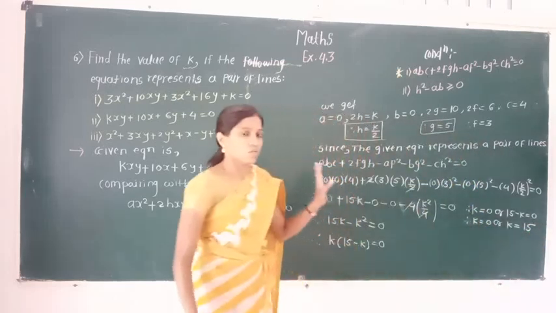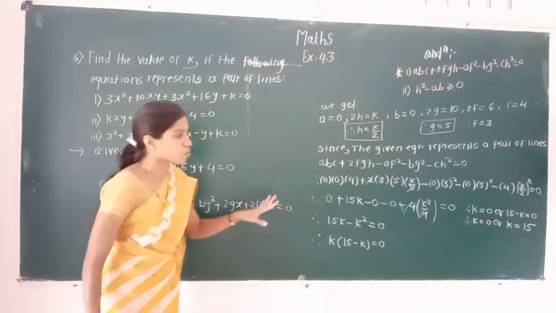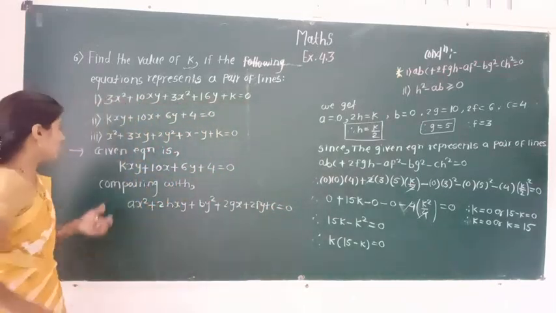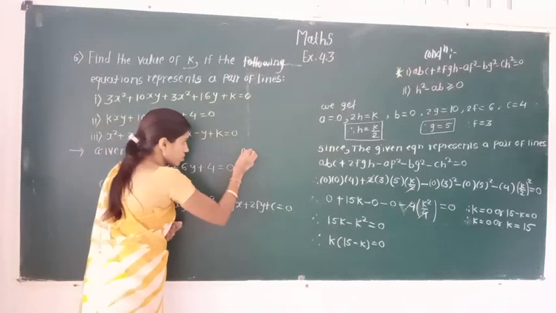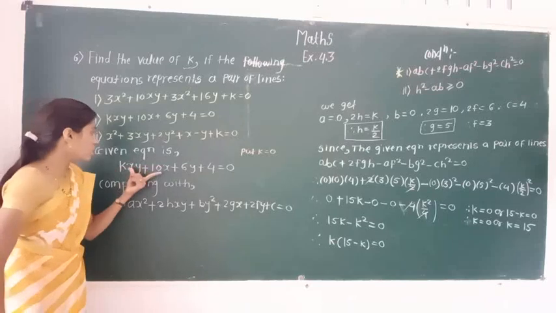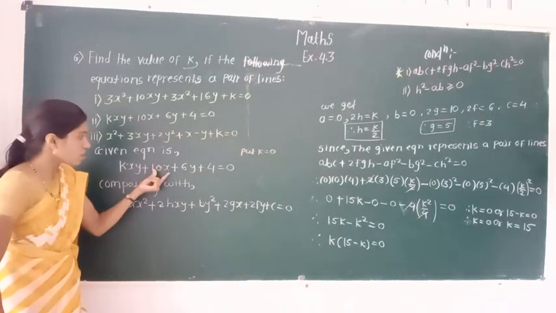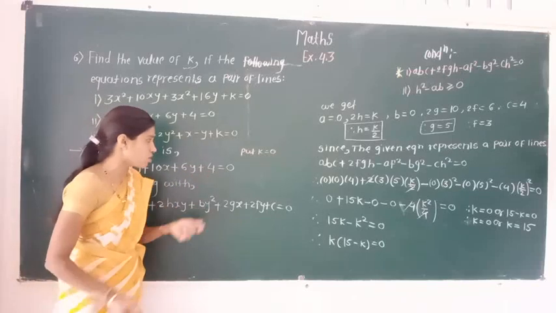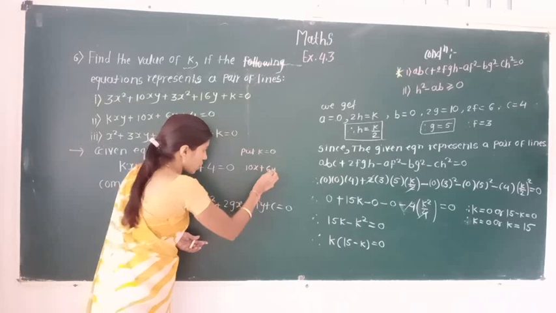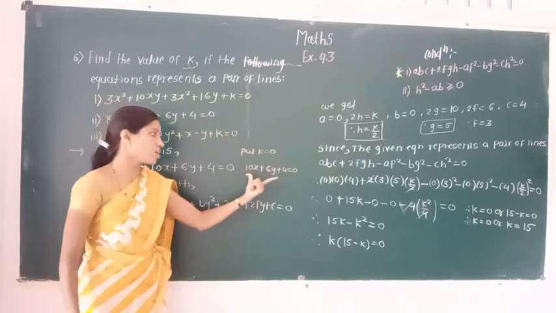But we get two values of k, so after putting k equal to 0 in this condition, we get the equation 10x plus 6y plus 4 is equal to 0, and we know that it is a linear equation.